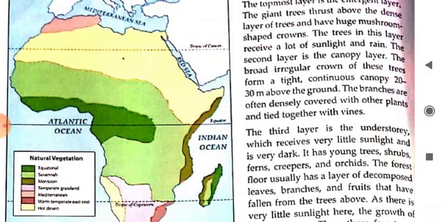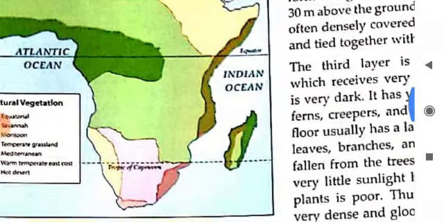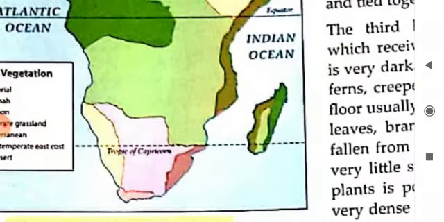These climatic conditions are found both in the northern and southern hemisphere. In the north, it is mainly experienced in the Sahara Desert, and in South Central Africa in the Kalahari Desert.